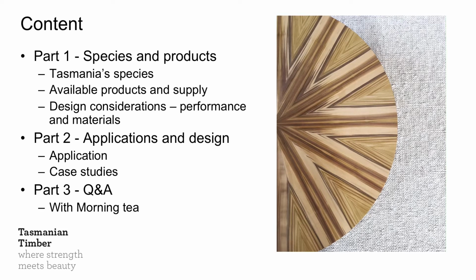So what we've got today is part one, we're going to look at species and products. So the Tasmanian species, the products and supplies, and a couple of key design considerations around performance and materials. We're then going to look at applications and design. So we'll look at various applications for Tasmanian materials, and we'll look at a series of case studies.